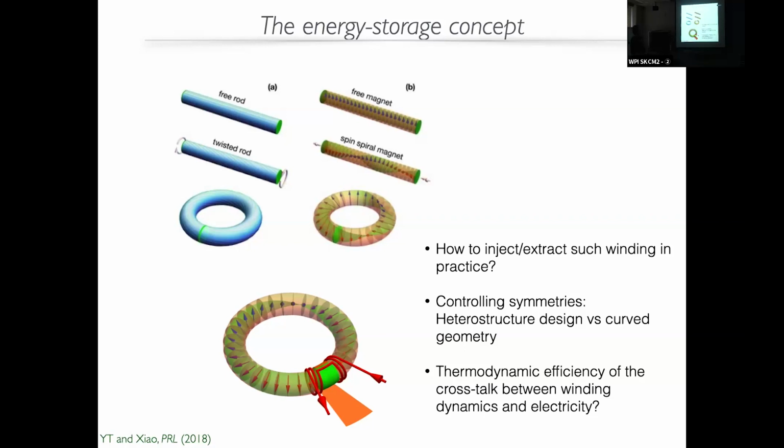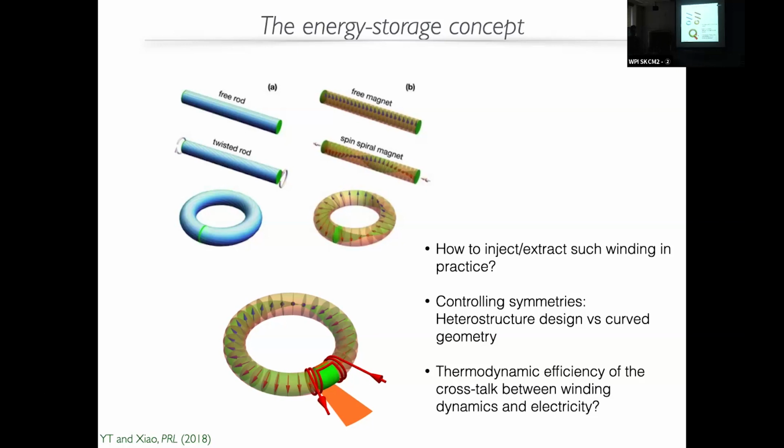If by sending electrical current you can inject free energy into the system, the reverse process of that magnetic configuration unwinding, naturally relaxing towards its ground state, should produce electromotive force that will eject energy into the electrical circuit. That's the basic idea.